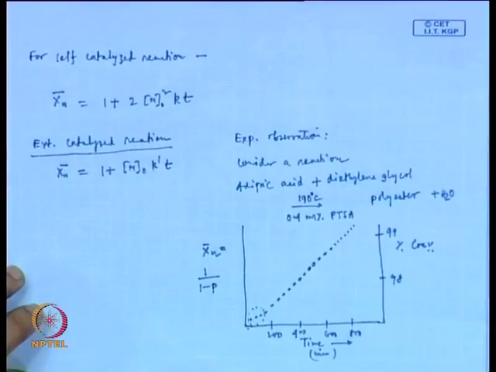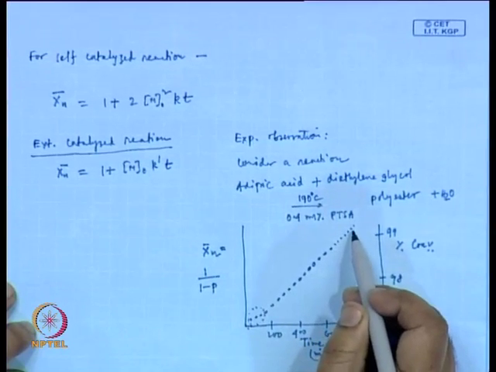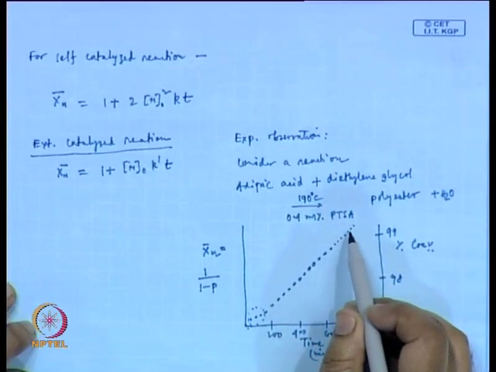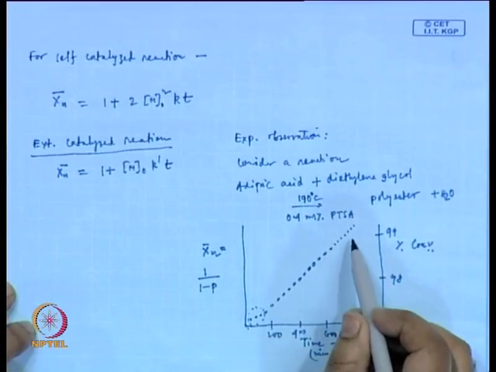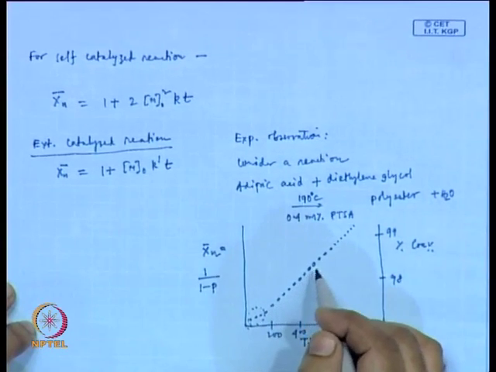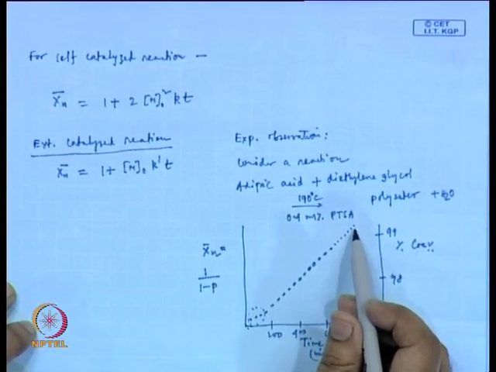And here it is found that the expression is valid for almost the entire range of conversion region, which means that this assumption which we have considered here, that equal reactivity of the functional group, is valid even experimentally.